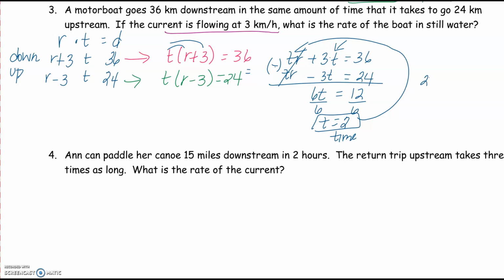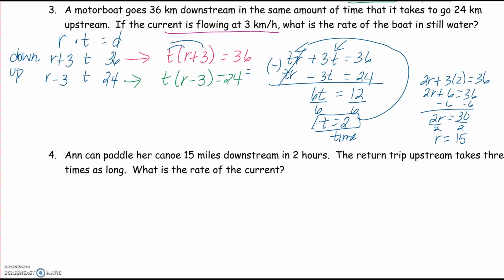So we're going to get 2 times R plus 3 equals 36, or 2R plus 6 equals 36. We're going to subtract 6. Again, if you can do that mentally, go ahead. You get 2R equals 30, and then divide by 2. You're going to get R equals 15.